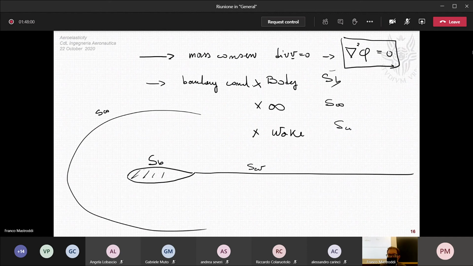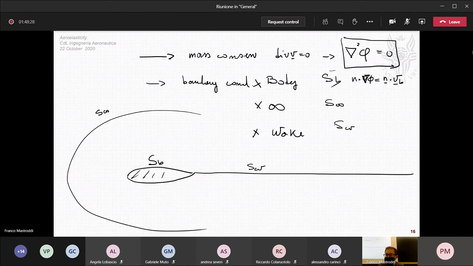We know the boundary condition on the body, yes. The impermeability condition. The normal component of the flow velocity, which is the gradient of phi, is equal to the normal component of the body velocity. Okay, this is the impermeability boundary condition.